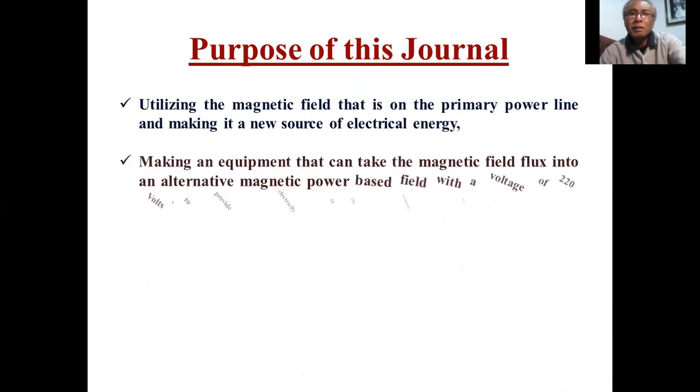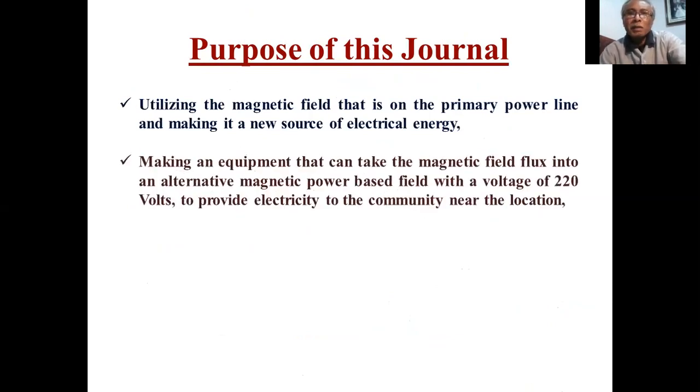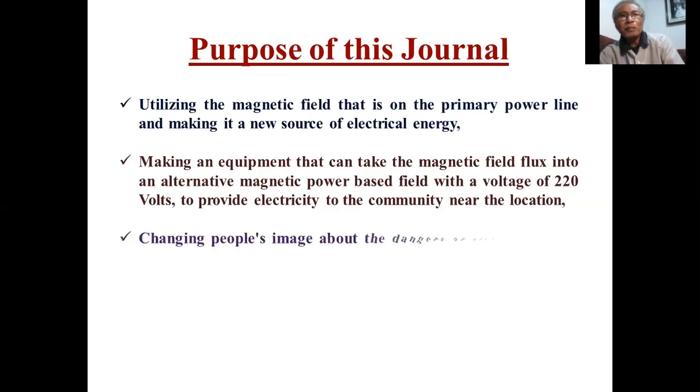Second, making equipment that can take the magnetic field flux into an alternative magnetic-field-based power with a voltage of 220 volts to provide electricity to the community near the location. Third, change people's image about the danger of electromagnetic field radiation.